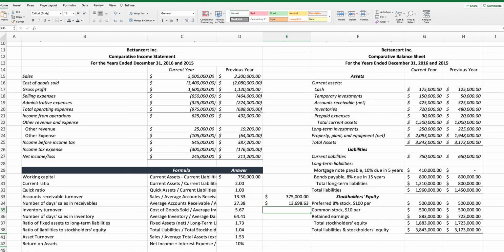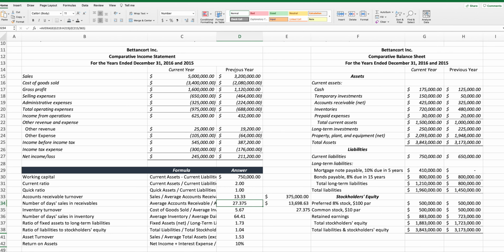Now, I'm going to take my average accounts receivable and divide it by my average daily sales. And that gives me 27.375. There you go. This is just a rounding. And if I were to open it up one more, you'd see 27.375.